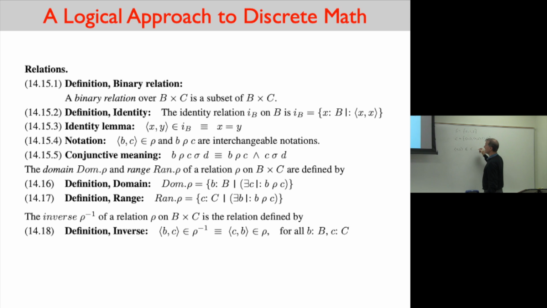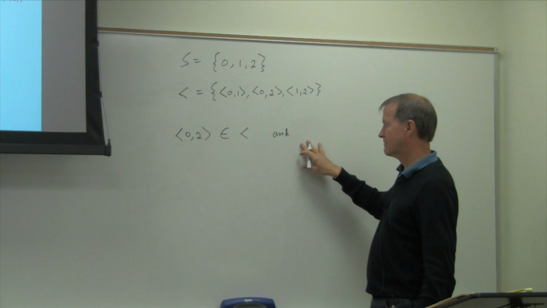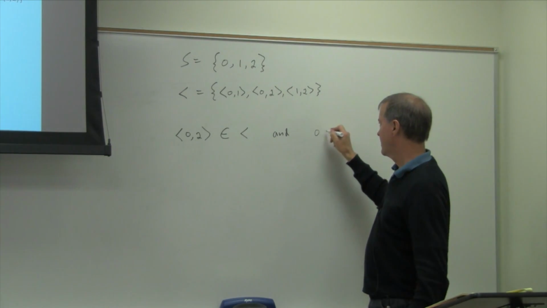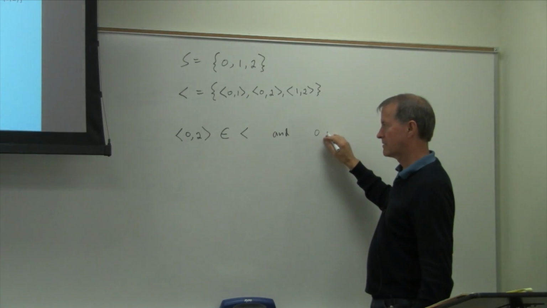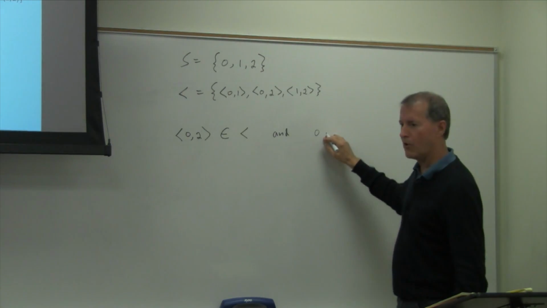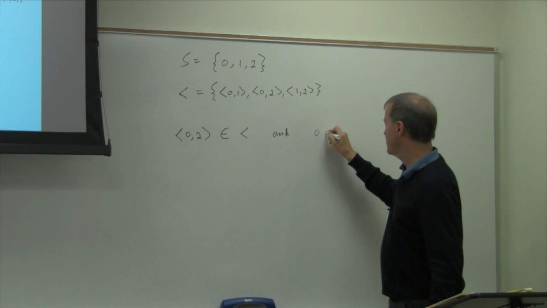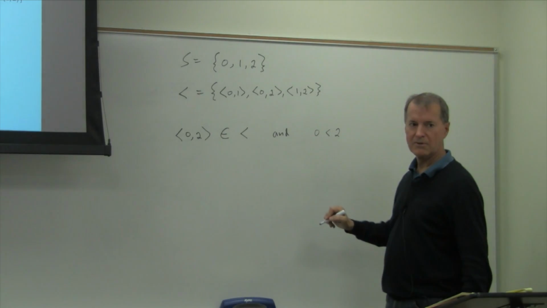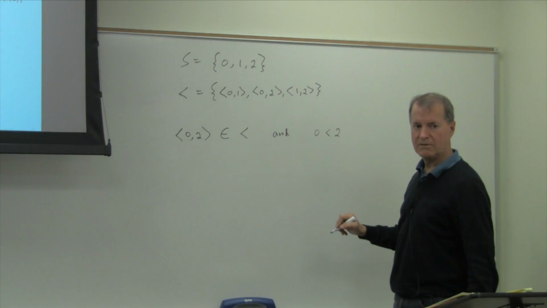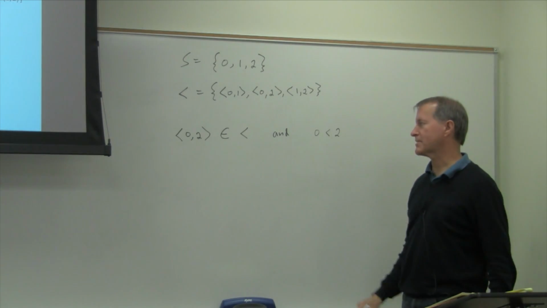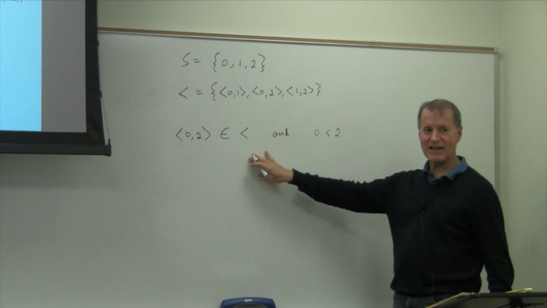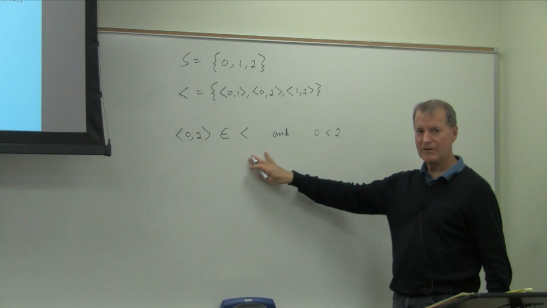Now, what is it saying? What is this B rho C in this example? It's 0 rho 2, not comma. But what's our rho in this case? Less than. 0 less than 2. Does everybody understand what I wrote?